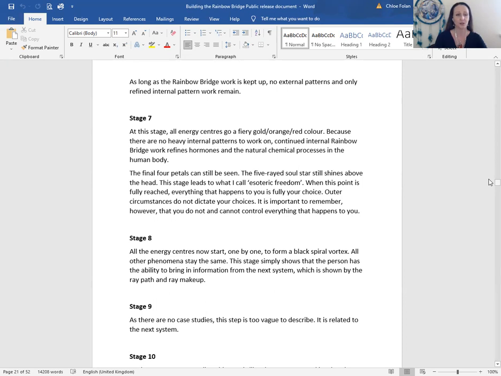Meaning, as the chakra centers go that fiery golden orange color, it starts to initiate having full conscious decisions over choices you make.